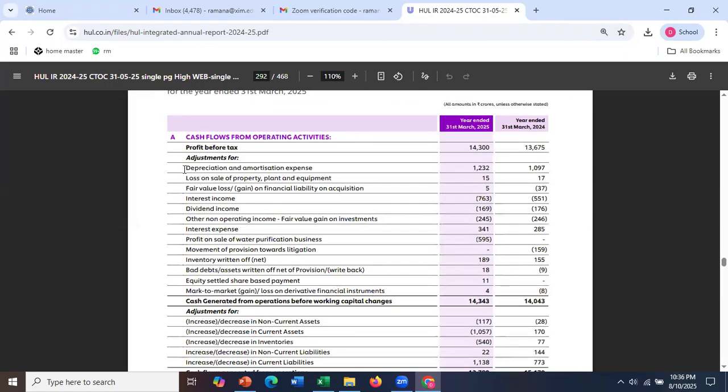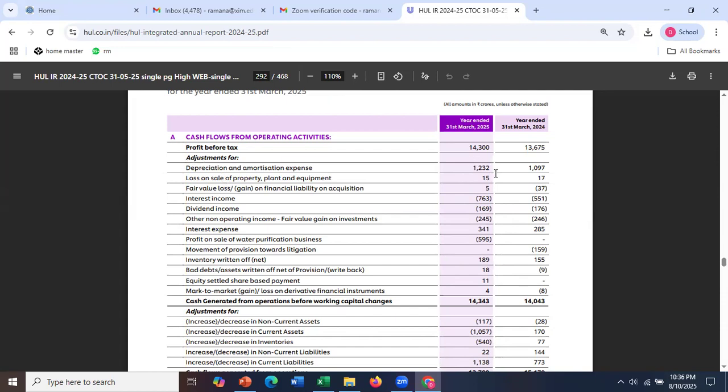Adjustment for non-cash items like depreciation, and non-operating items like dividend, interest expense, interest income. These are adjustments. Adjustment to what? Adjustment to profit.